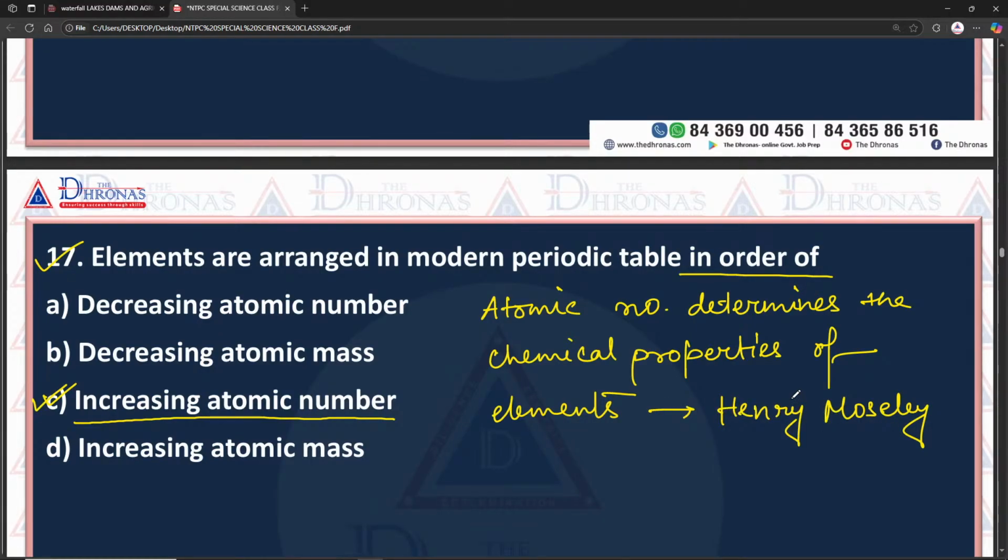He gave this statement that atomic number actually is the determining factor of chemical properties of elements. Okay. So the modern periodic table is based on increasing atomic number. इससे पहले जो periodic tables हुआ था, जैसे कि Dobereiner's triad, Newland's octave, and also Mendeleev's periodic table, those were based on increasing atomic mass. ठीक है. पुराने जो एटॉमिक पीरियोडिक टेबल थे, those were based on increasing atomic mass.